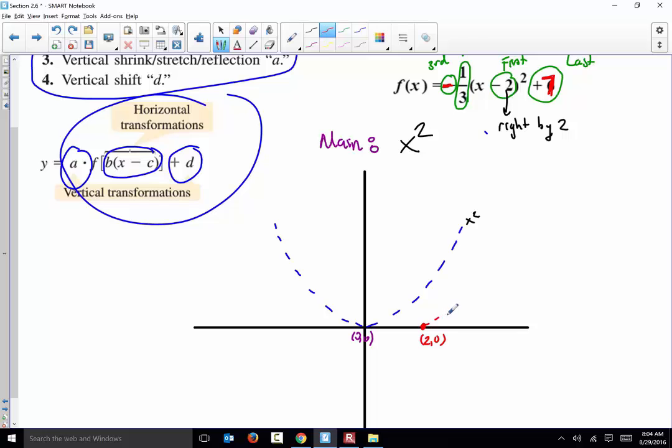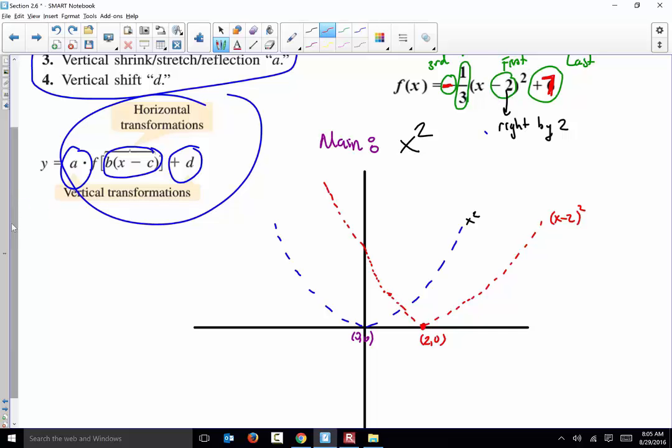I still put it in dashed form though. Okay, so this is x minus 2 squared. I took care of this part now.